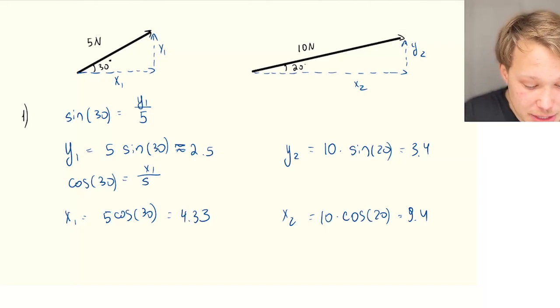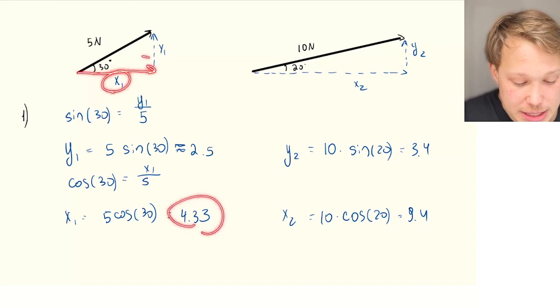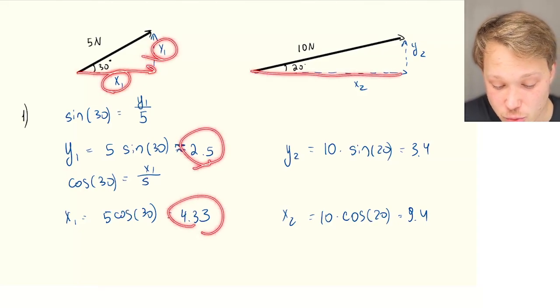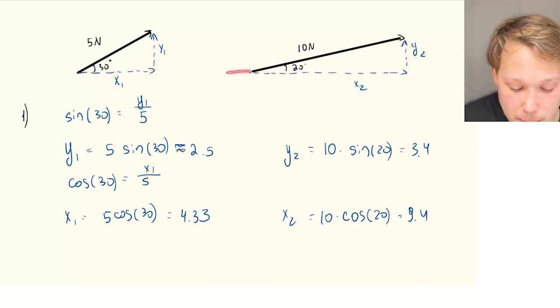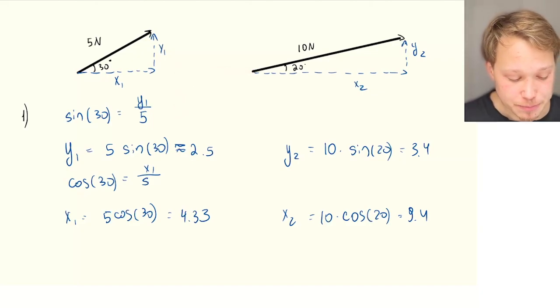Well, this line is to the right, so it should be positive. This line is up, so it also should be positive. And this one as well, it's to the right and up, so all of them are positive. But if one of those components was to the left or down, we would have to add negative signs at this step. Very important, guys.